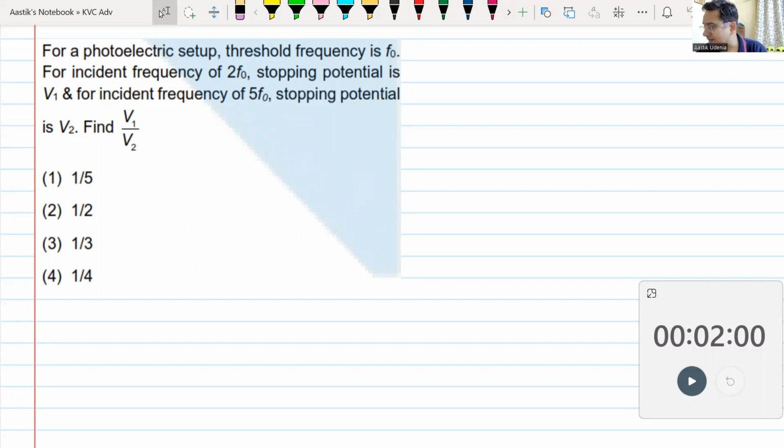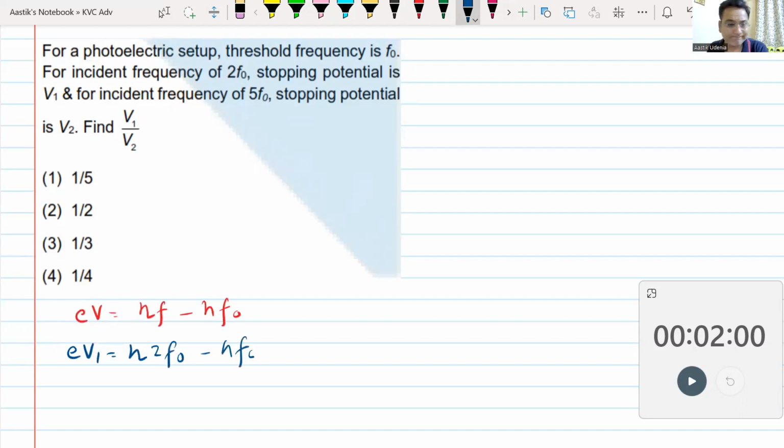And how did we get this answer? Remember, how do we remember this? Can you tell me the formula? Sir, in terms of stopping potential, EV will be equal to HF minus HF naught. Yes or no? Yes, sir. So in the first case, the stopping potential is V1. I can write EV1 is equal to H into 2F naught minus HF naught.